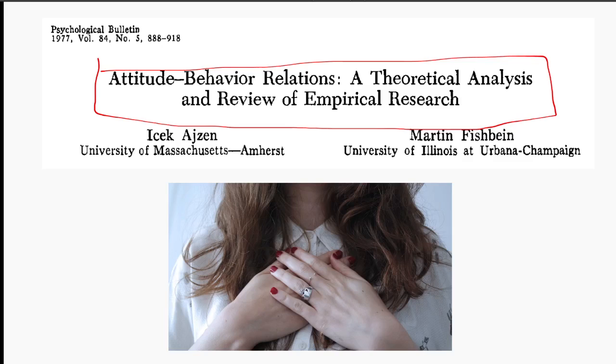Okay. So you might say, oh, I love black people. I have no problem with that. And this is my intention, this is my explicit attitude. I do not prefer white people over black people. I'm egalitarian.